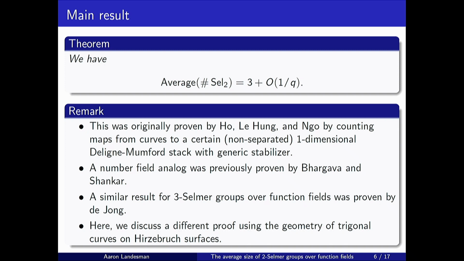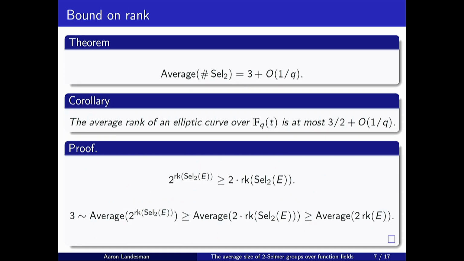Okay, so just before I get to my proof, I want to make one remark just to see how this average size of the two Selmer group implies, so the theorem is that the average size is about 3. I want to say why this implies that the average rank of an elliptic curve is at most 3/2.